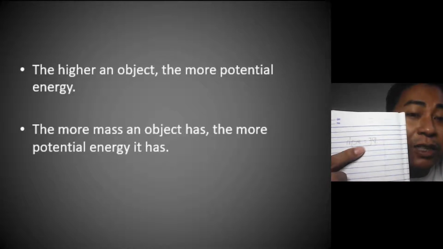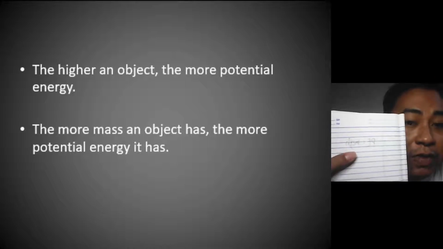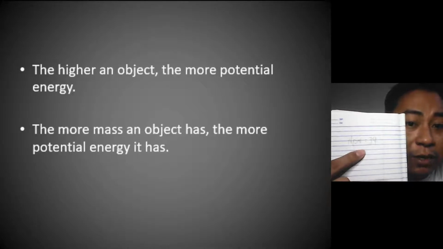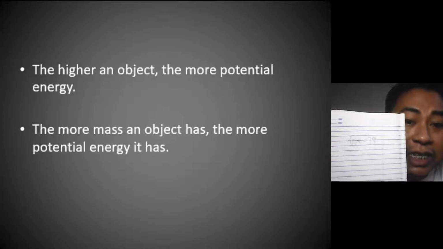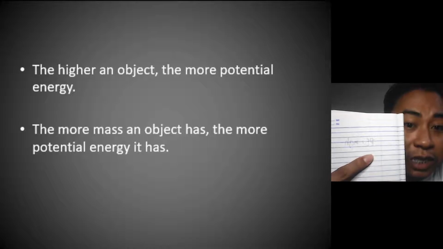Ibig sabihin, once may tumaas na isang variable dito, tataas din yung potential energy. The heavier the object, the higher its potential energy, whether its height is lower, but then the object is heavy. Potential energy would still be higher.